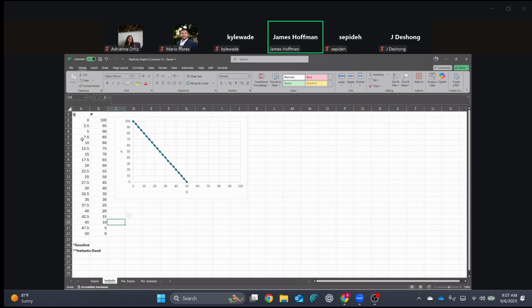So if I were to graph something like this, we can just use this example here. Let's say that at a price of $100 per gallon, nobody buys it, right?